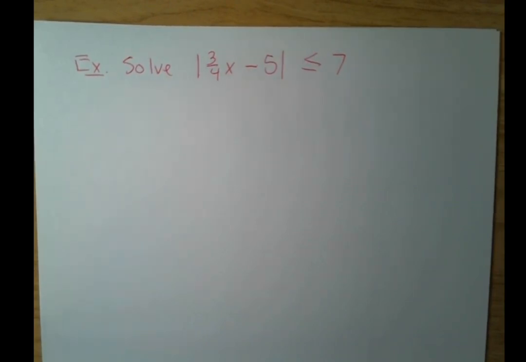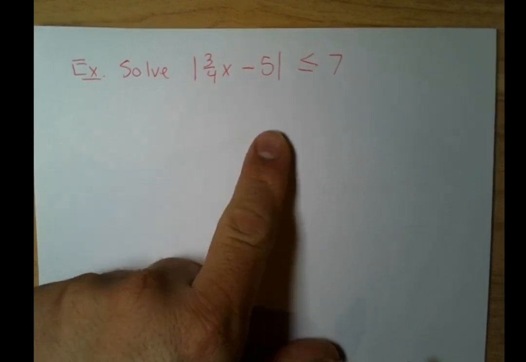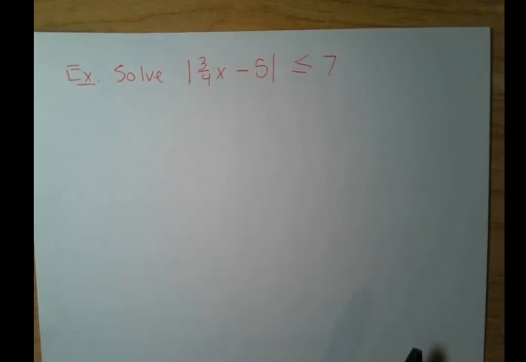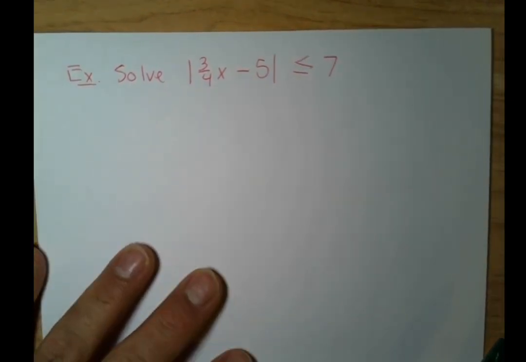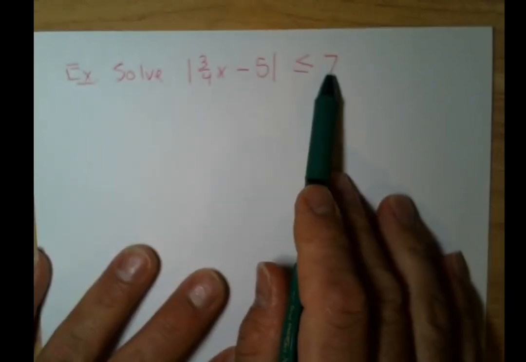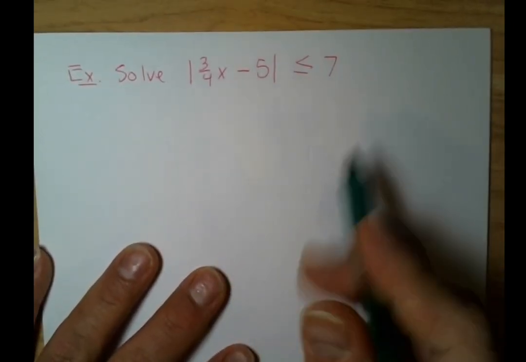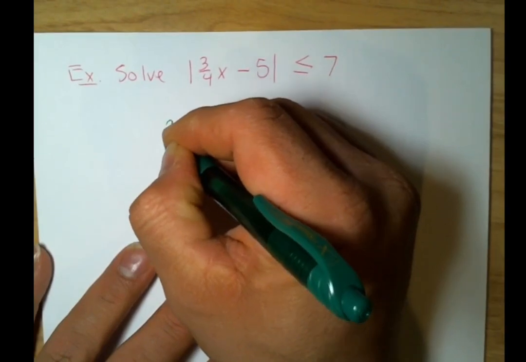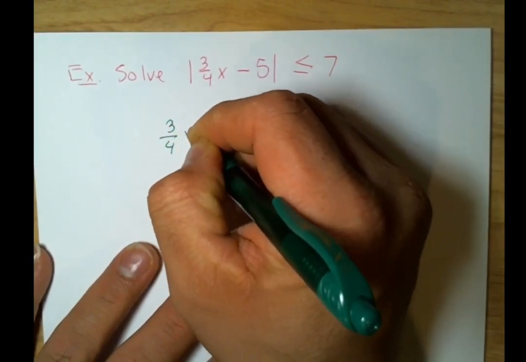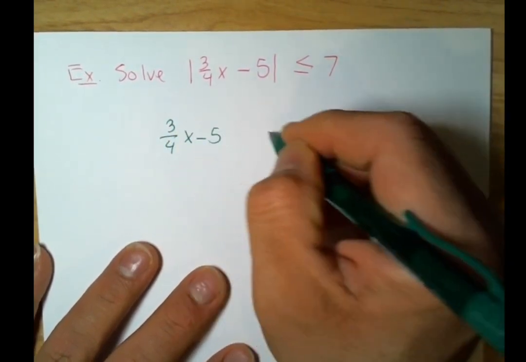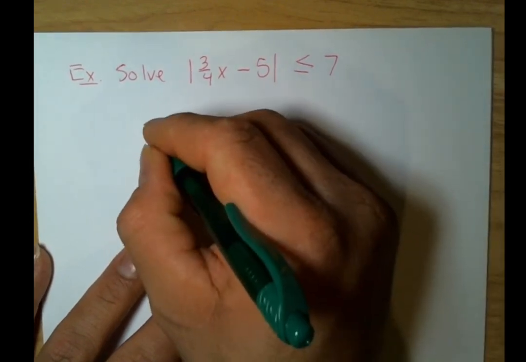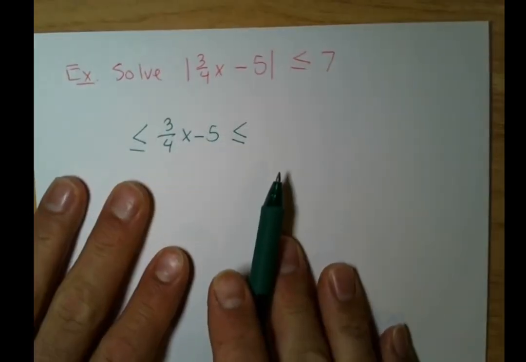Okay, so this is one of those less than ones. So we know that when we have absolute value less than or equal to some value, we can rewrite this without the absolute value as a 3-part inequality. That looks something like this.